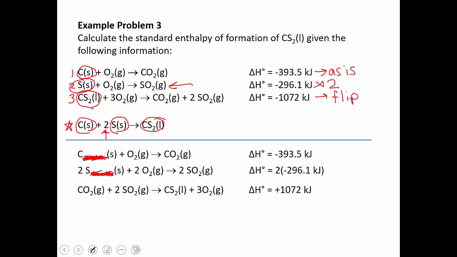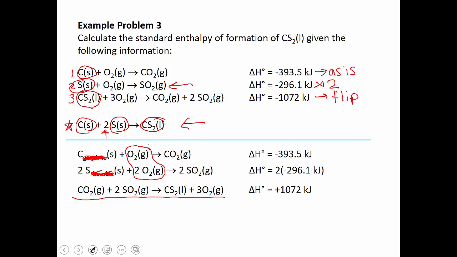What we need to do now is step 5, we need to check to make sure the new equations add up to give us this final equation. So I'm going to show you how to do that. When we add this up, if you have a substance in 2 equations on the same side of the arrow, they're going to be additive. So these oxygens here, those are going to add with each other to become 3O2.